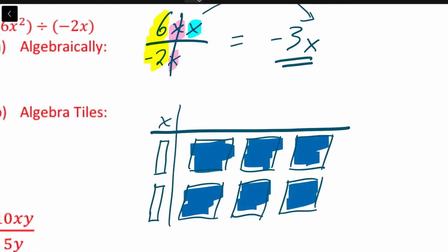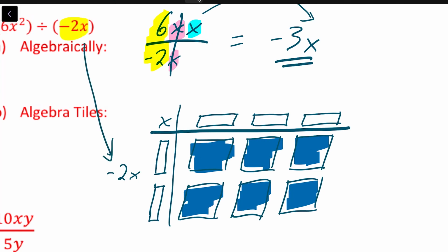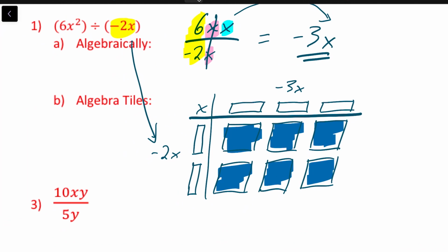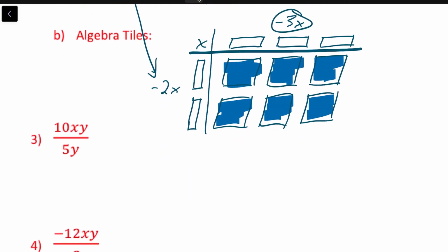Now, based on their arrangement, I can see that on the top they've got their width from 3x tiles, and because they're positive, and this is 2 negative x tiles, negative 2x, I know that I have to have negative 3x tiles to give me positive 6x squared tiles, because negative times negative is the only thing that would give me a positive in that situation. So that would give me that answer, which is the same as what we got algebraically.